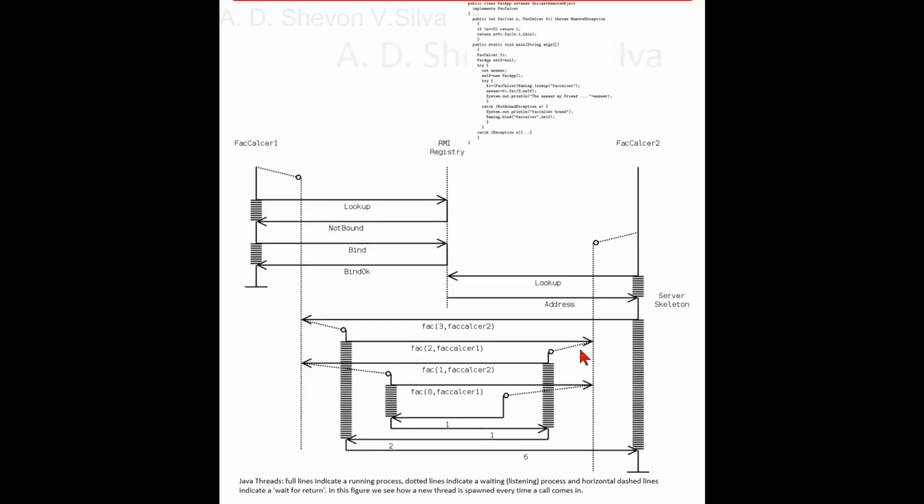Now we are considering Java threads. In this diagram, the full lines indicate a running process, dotted lines indicate a waiting, listening process, and horizontal dash lines indicate wait and return.